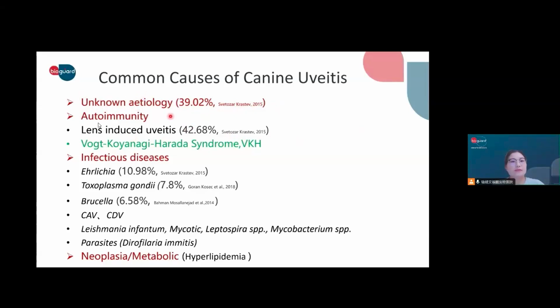And some of the uveitis may be due to autoimmunity problems, like lens-induced uveitis. When there is cataract or the lens capsule is ruptured, this will happen. And Vogt-Koyanagi-Harada syndrome.